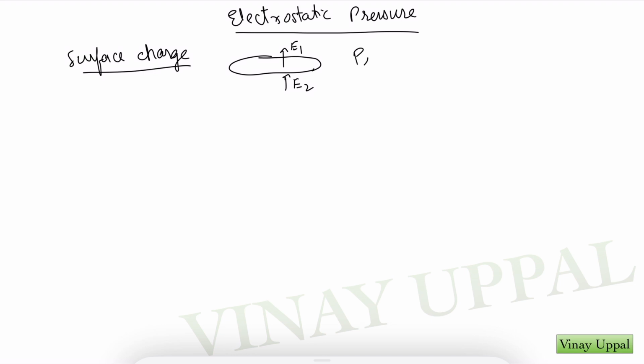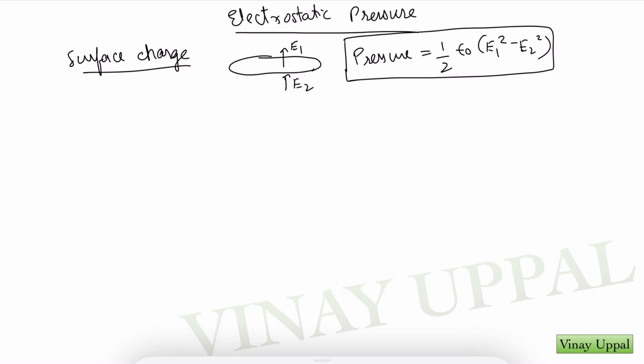So the pressure here is given by half epsilon naught times (E1 squared minus E2 squared). So this is the electrostatic pressure exerted on the surface charge. This formula for pressure is derived basically from applying Gauss law on a small section of the surface charge. Let's take a look at an example where this is going to be useful.